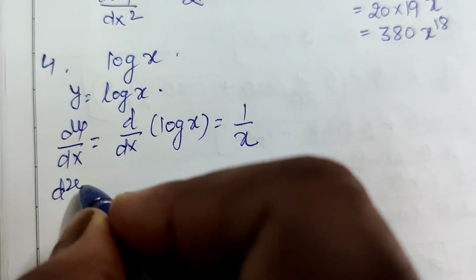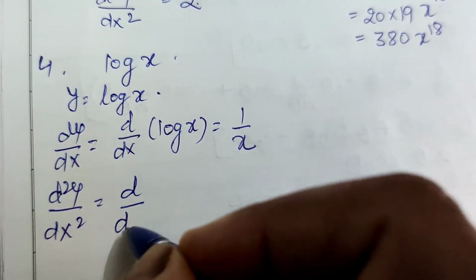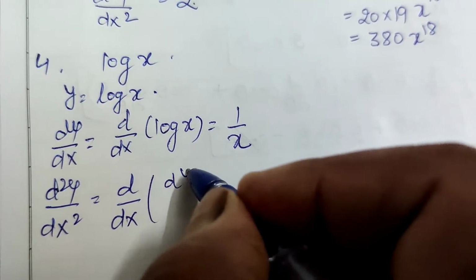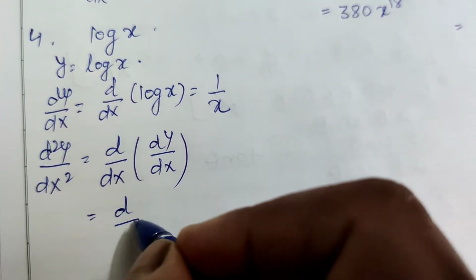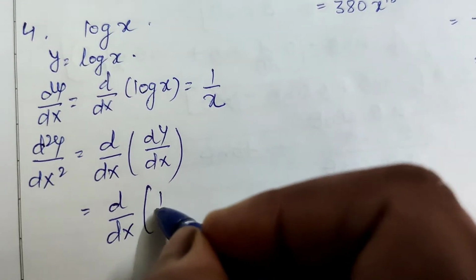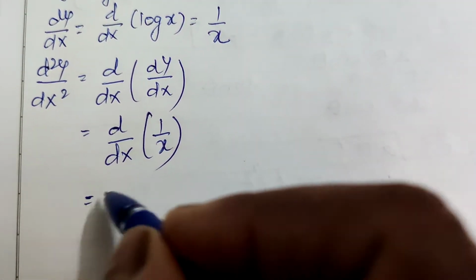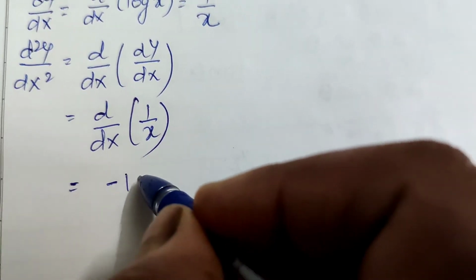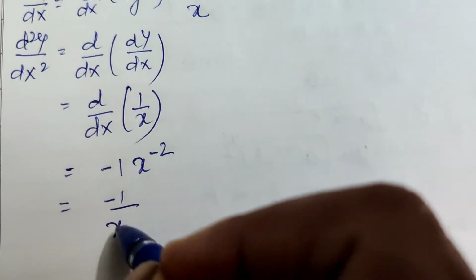Again d2y over dx square, d over dx of dy over dx, is equal to d over dx of 1 upon x. It means x raised to power minus 1. The answer is minus 1 x raised to power minus 2, which means minus 1 upon x square.